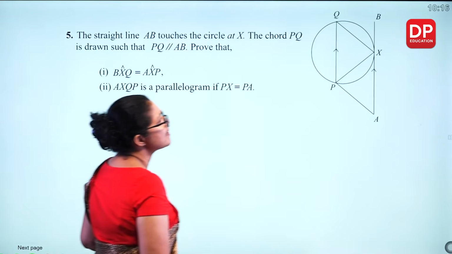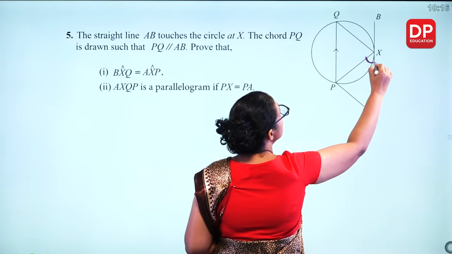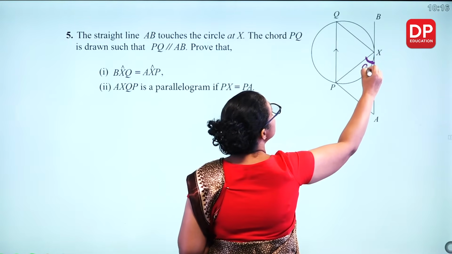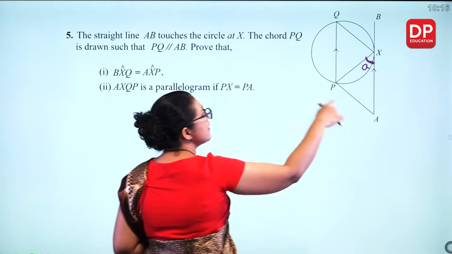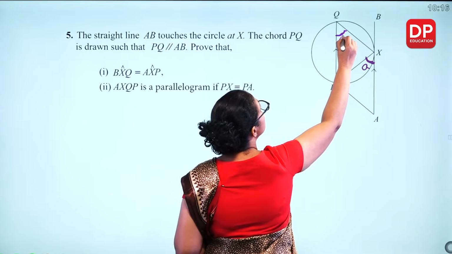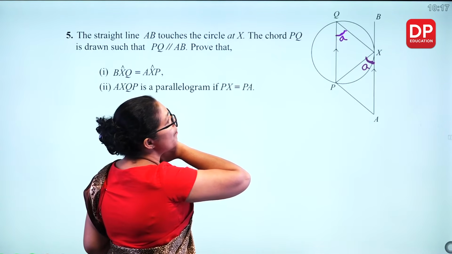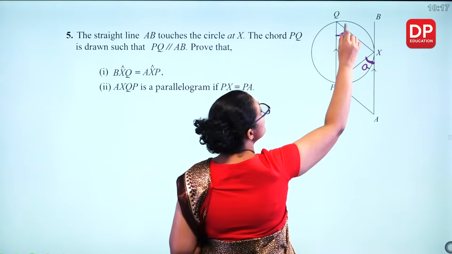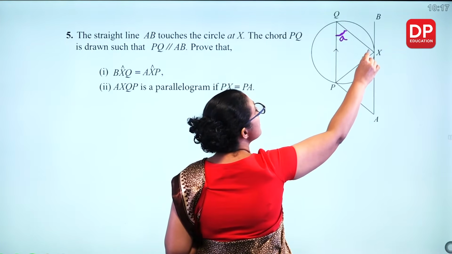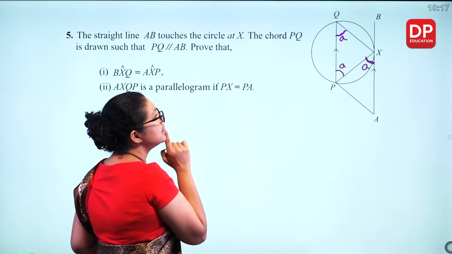Okay, so we'll first take this angle as A. This angle is same as this angle, alternate segment theorem. These two lines are parallel. This angle is equal to this angle.